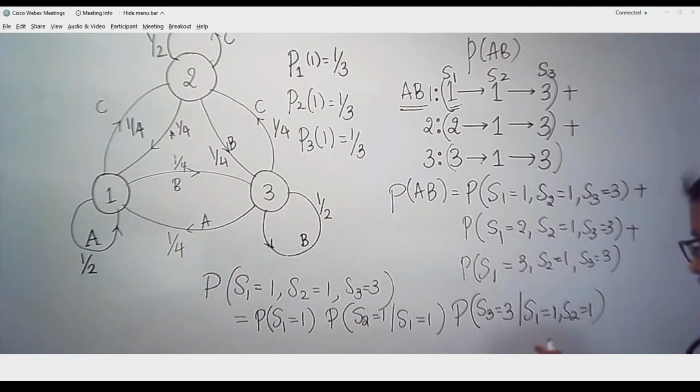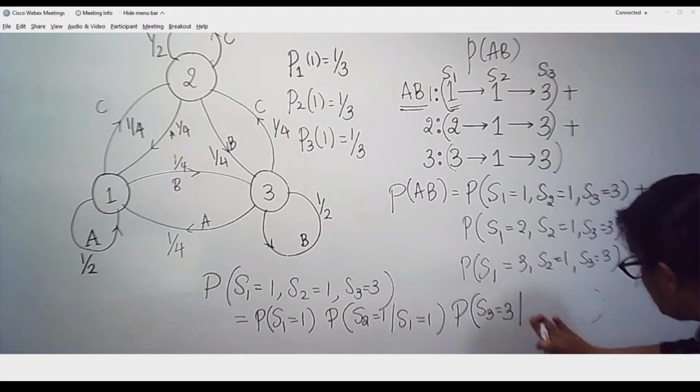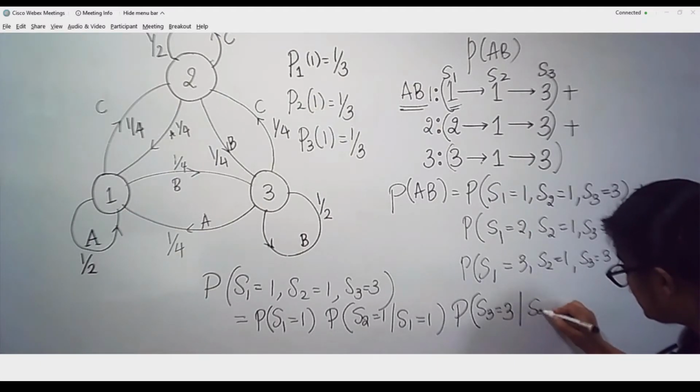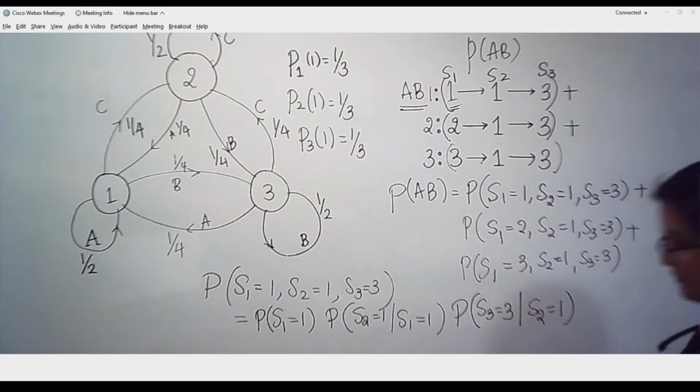See here, though I wrote the previous two states, it is not actually dependent on S1, rather it is only dependent on S2. So this is just S2 is equal to 1. So this is the chain rule of probability.